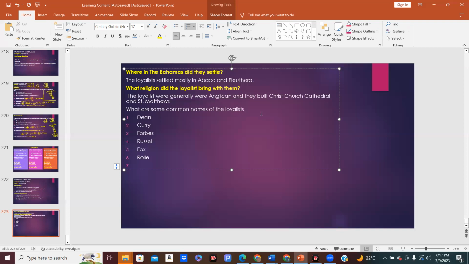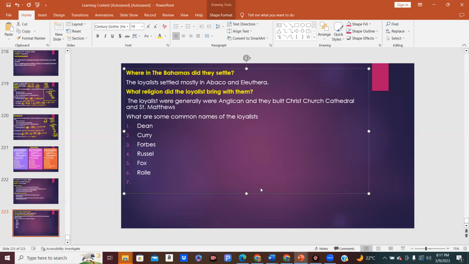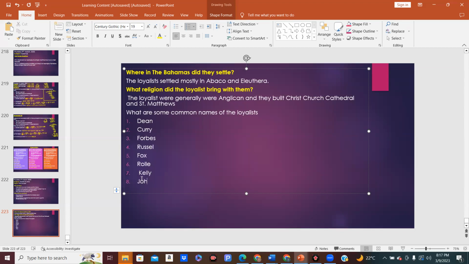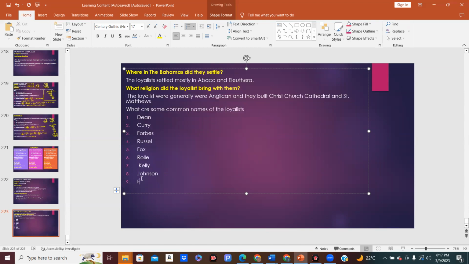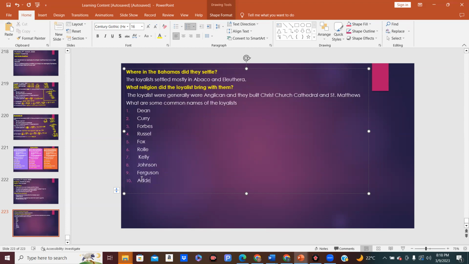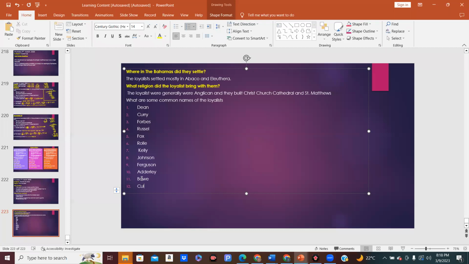There's a bunch of roads in the Bahamas. Kelly, Johnson, Ferguson, Miller, Adderley, Bo, and Calmo.